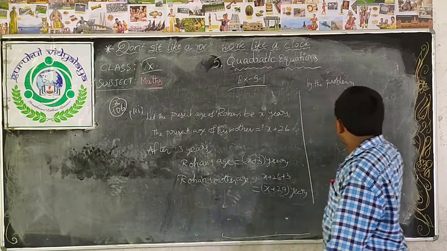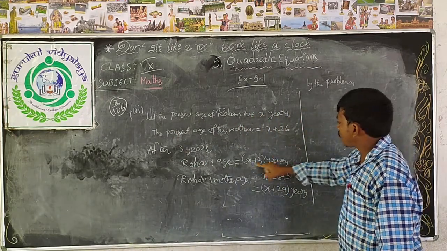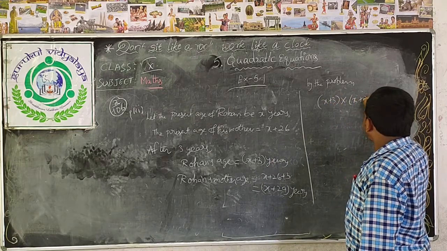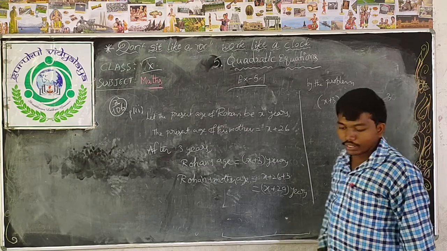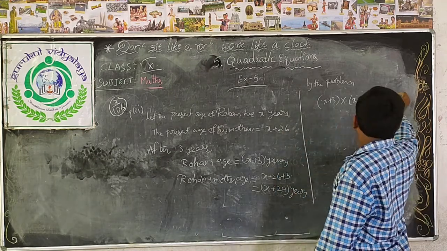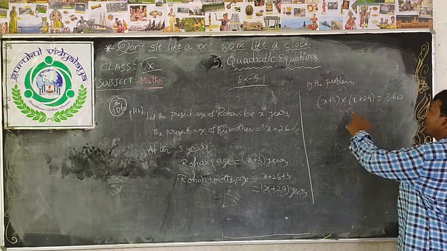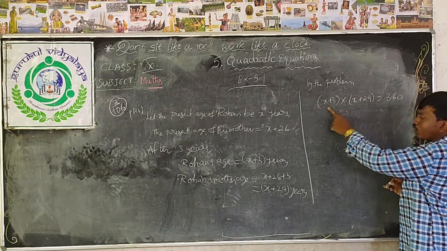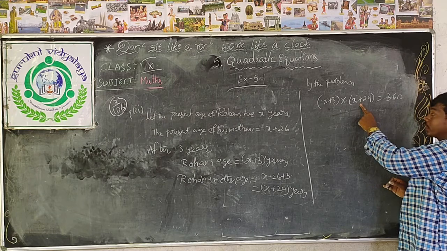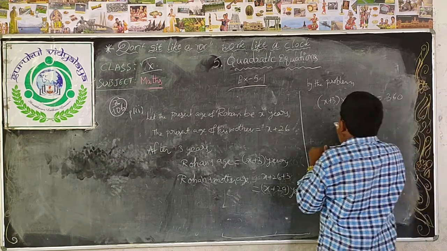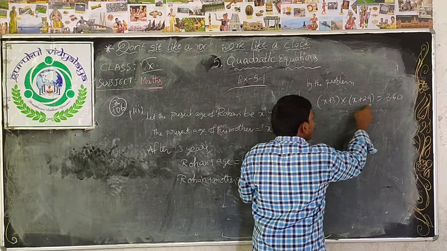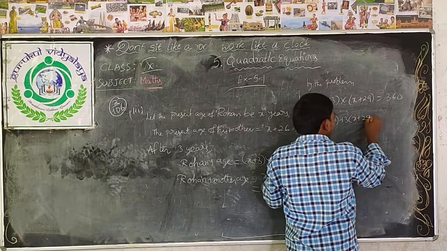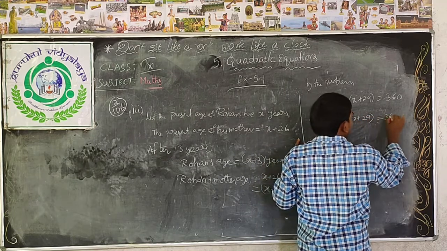After 3 years, Rohan is x plus 3, and Rohan's mother is x plus 29. So (x plus 3) into (x plus 29) is equal to 360.